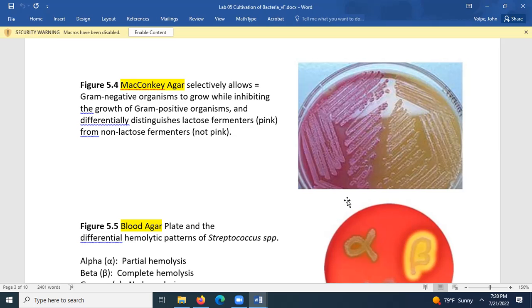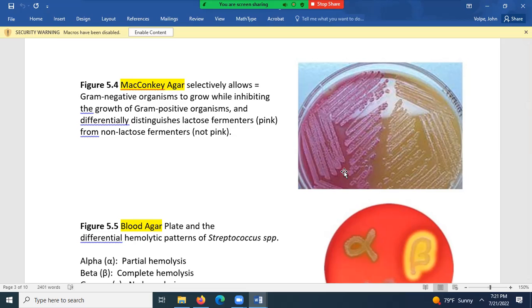And so they will grow in MacConkey's agar, and many gram positives will not grow in the presence of bile salts. So MacConkey's is selective, and if it grows, then it's a gram negative. If it doesn't grow, or the growth is very poor, then it is a gram positive.